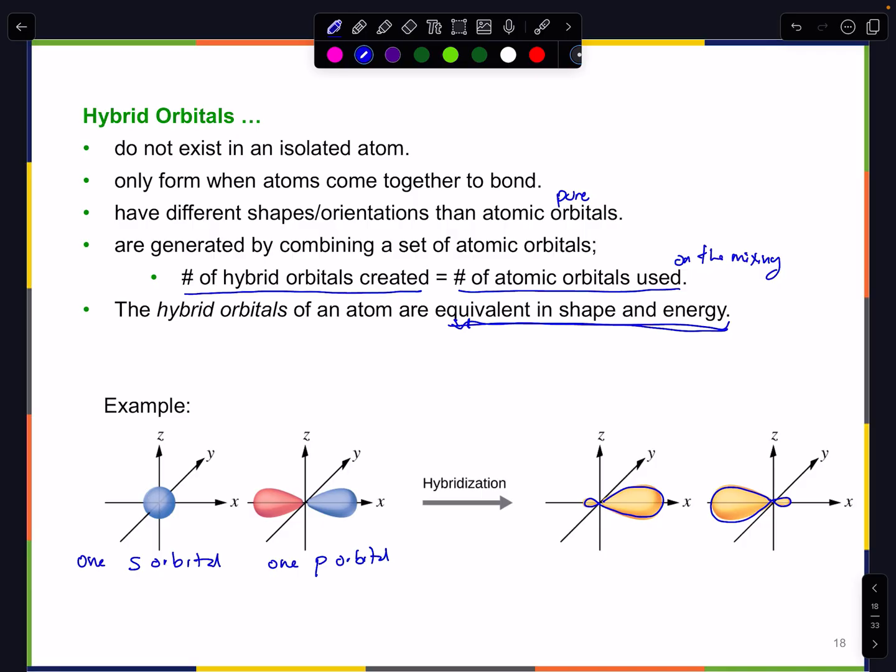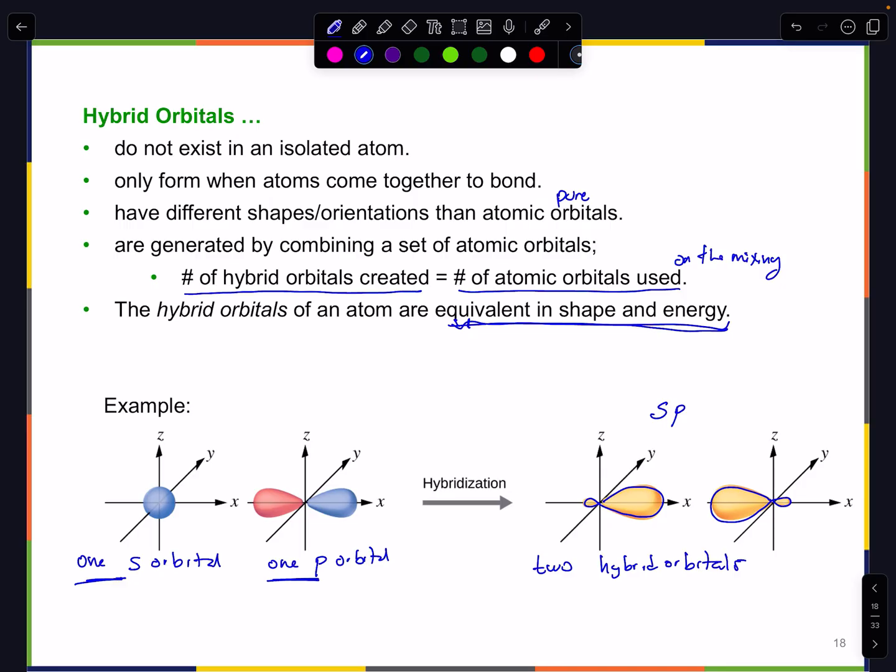Right? So we say here that we had created two hybrid orbitals. And since we mix one s and one p orbital, we call this sp. Ideally, we are going to put an exponent corresponding to whatever number of those orbitals we use on the mixing.